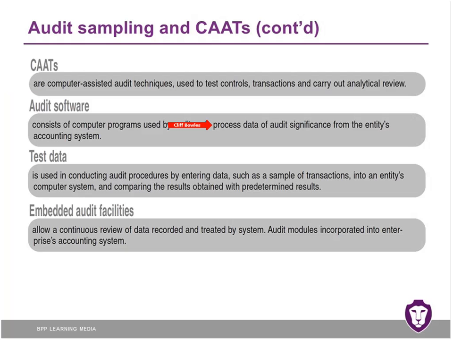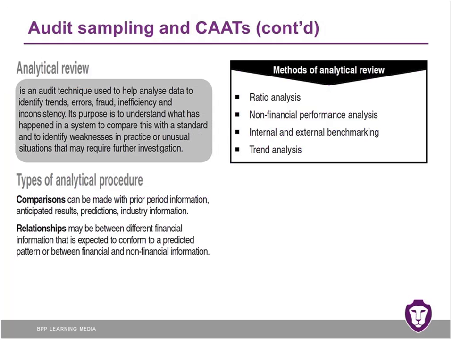You might have an ERP system, you might have SAP, you might have some simple system, but they're going to process some data and see what comes out the other end. So they're going to do some sample transactions. I'm going to feed into this system 100 invoices, and I know what should come out the other end into the general ledger because I've already done it, and I'm testing your system. And what they're doing is comparing the results. Okay, and so on. So this is audit sampling and CAATs.